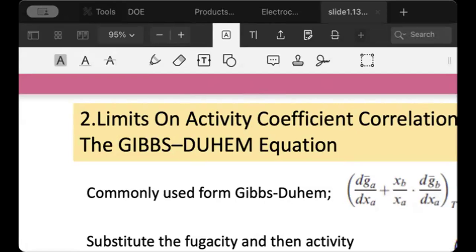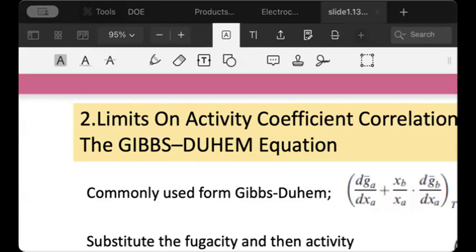Okay, one moment. Got the file ready. You got both files, right? One is the textbook, and the other one is the slide we're going to use today.